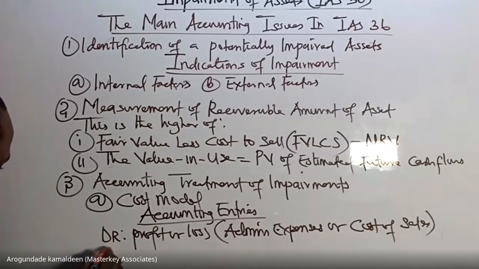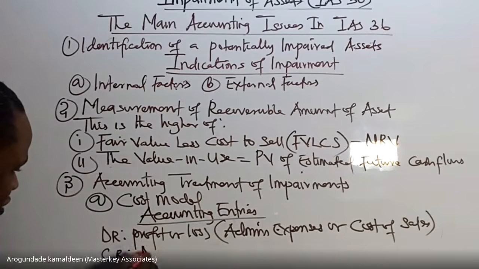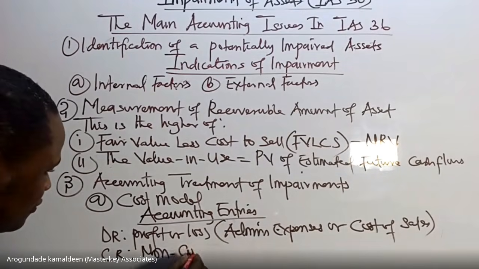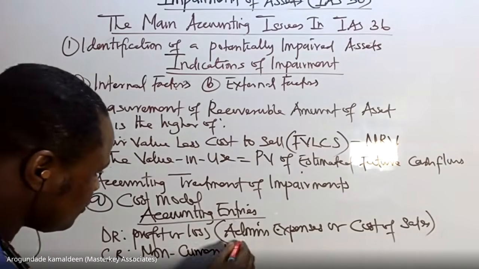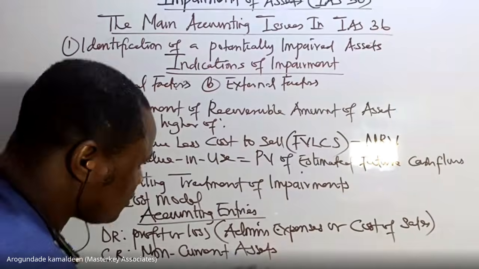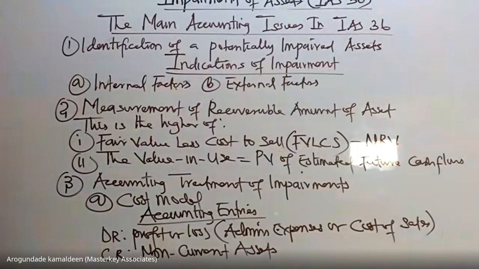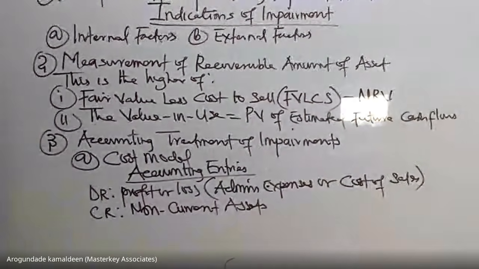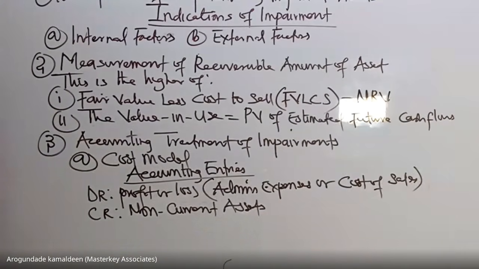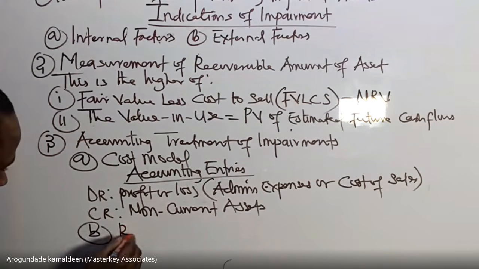Now credit the non-current asset. So that is what the accounting entry is. Exactly. So now, revaluation model.